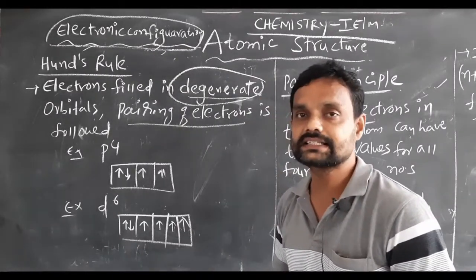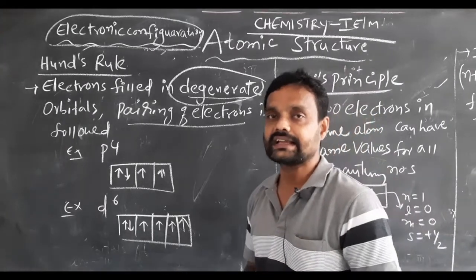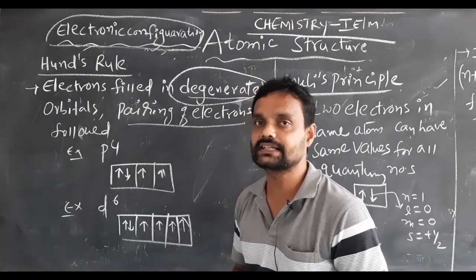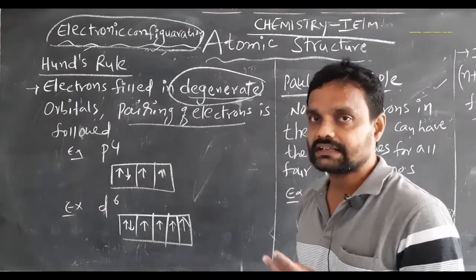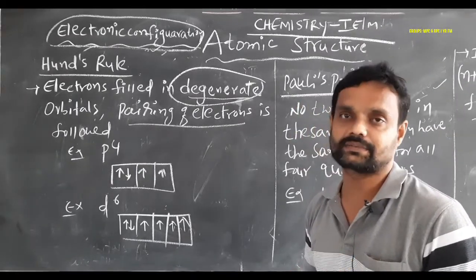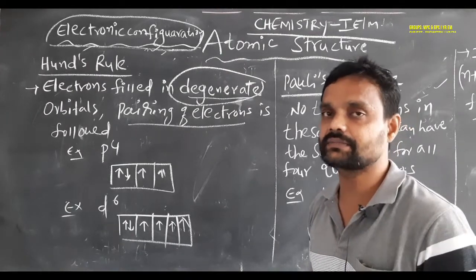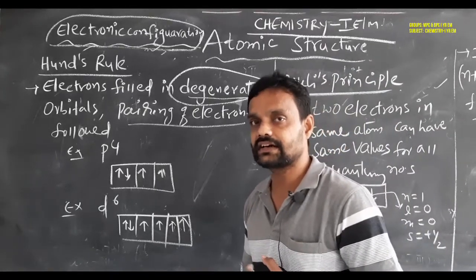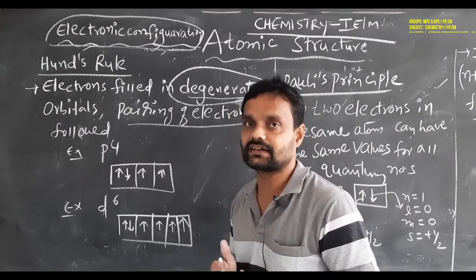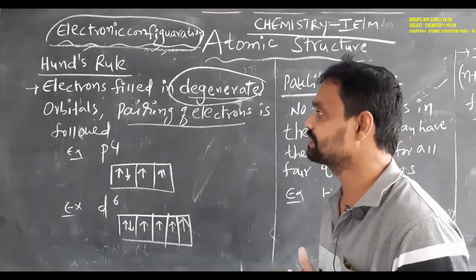In p orbital, px, py, pz; in d orbital, dxy, dyz, dxz, dx square minus y square, dz square. So p has 3 degenerate orbitals, d has 5, and f has 7. So when we fill electrons in degenerate orbitals, this is called Hund's rule.